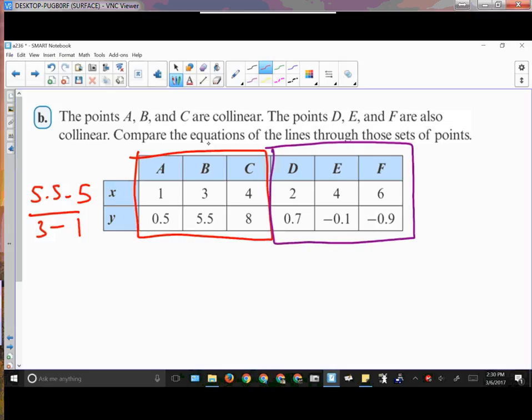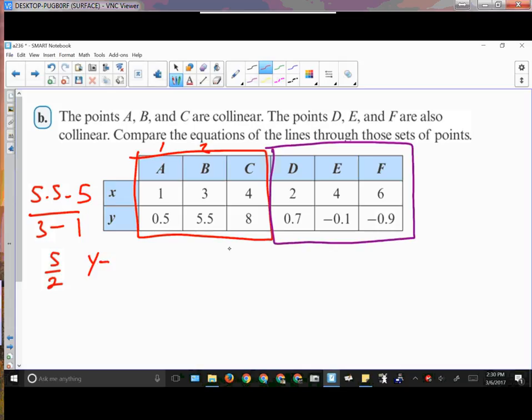So that's my 2, that's my 1. So it looks like I end up with 5 over 2 for a slope, correct? So let's see. I want to pick easy numbers to work with. I'm going to pick on this one over here because I got this denominator of 2, and I know that they can cancel out over here. So we'll try that and see if that works.